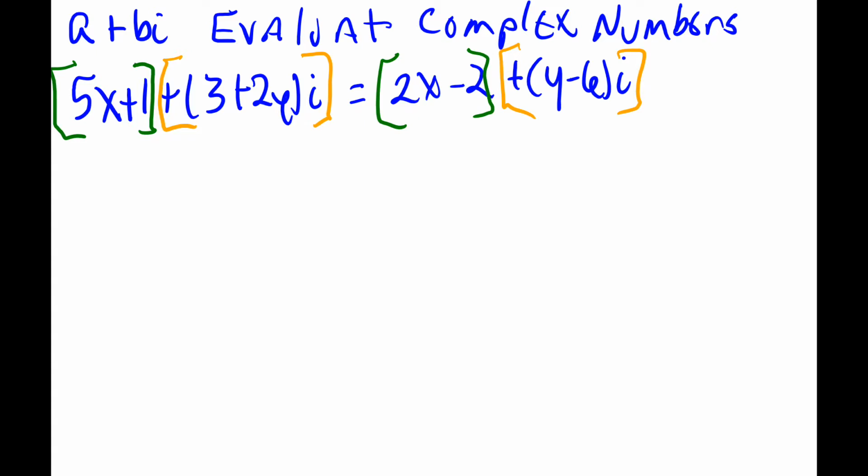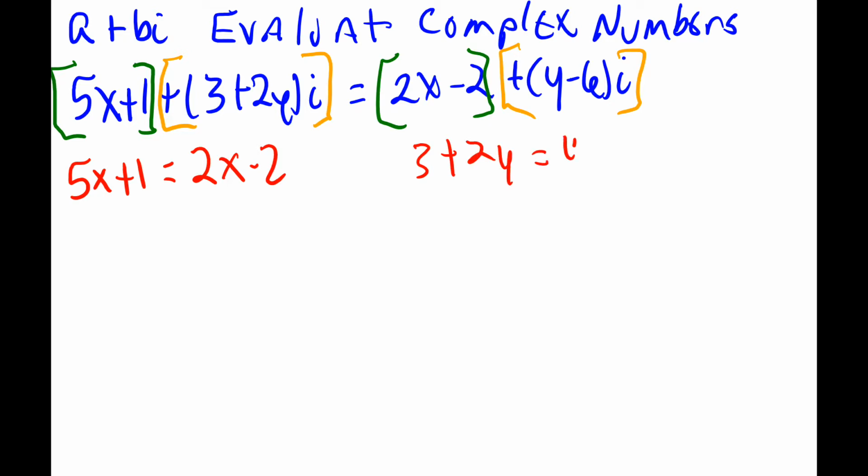So I'm going to say 5x plus 1 equals 2x minus 2. And over here with my imaginary components, I'm going to have 3 plus 2y equals y minus 6.